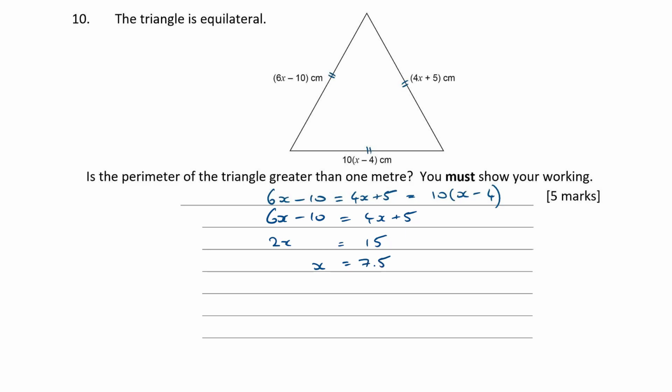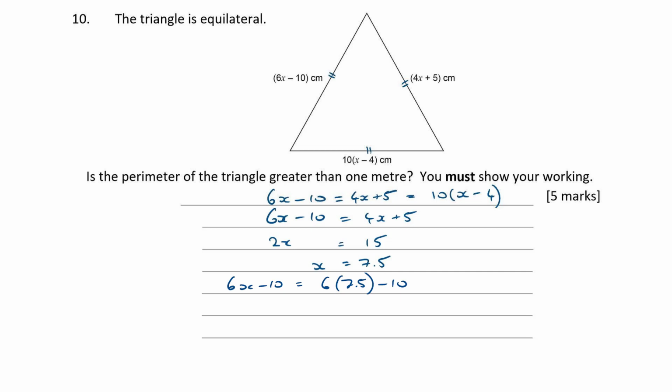Now if x is 7.5, what is the perimeter of one side? Okay, so let's take one of those calculations for the side, 6x minus 10 for instance. So what would 6x minus 10 be equal to? That would now be equal to 6 lots of 7.5 minus 10.